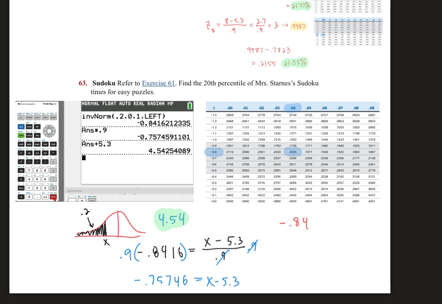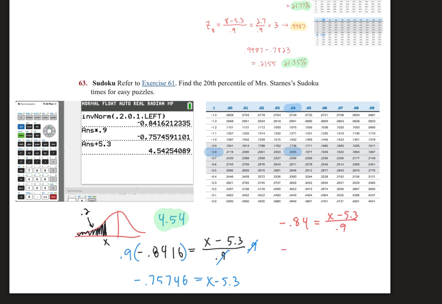All right, and we'll do the same thing. Make an equation, and then we'll just do it all in the calculator. Times by 0.9. Oh, I didn't record this earlier, so I'll do that here. 0.84, times 0.9.